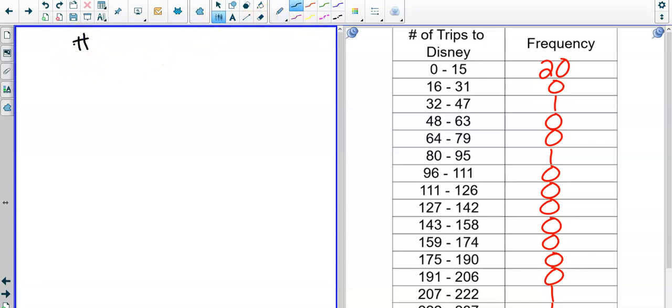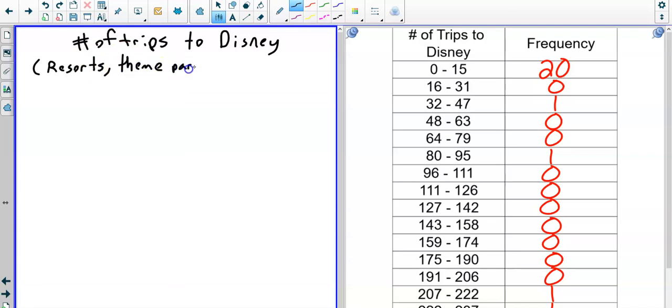So, number of trips to Disney, which means that they have set foot at the resorts, the theme parks, the water parks, Disney Springs, or the Wide World of Sports.